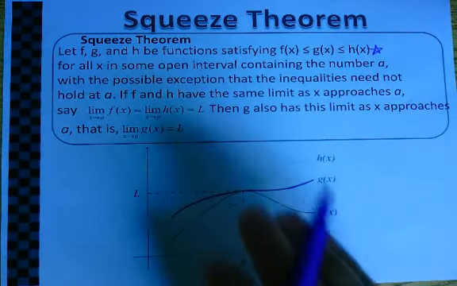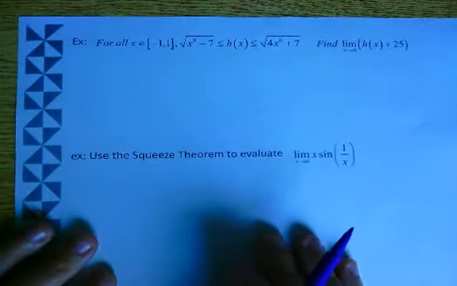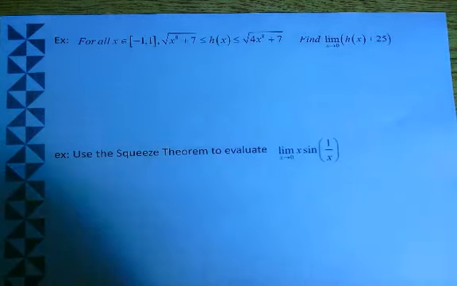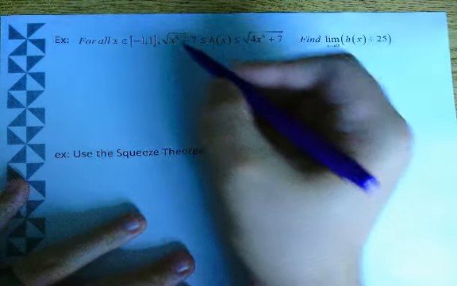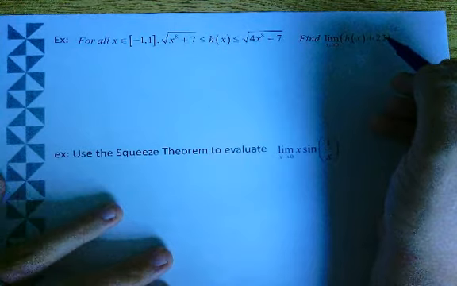All right. So now let's see what some problems actually look like. This top example right here, it's saying for all x in between -1 to 1 that this is a true statement. It wants us to find this limit right here.